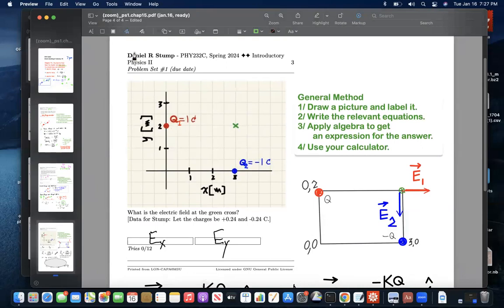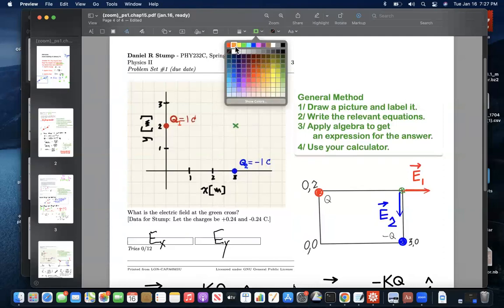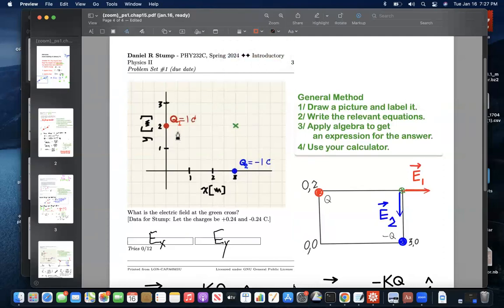So here's one more problem from problem set 1. You have here two charges. Q1 is this one, and Q2 is this one. Q1 is positive, in fact 1 coulomb, and Q2 is negative, in fact minus 1 coulomb.